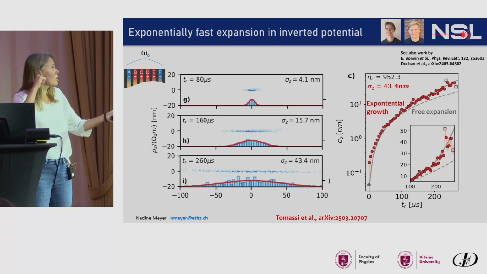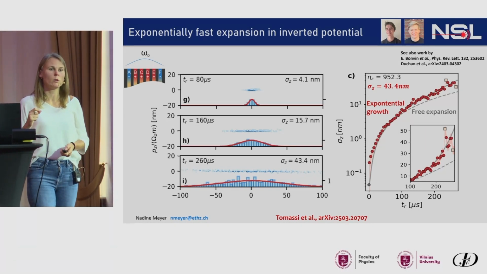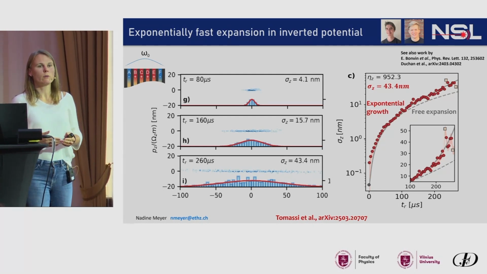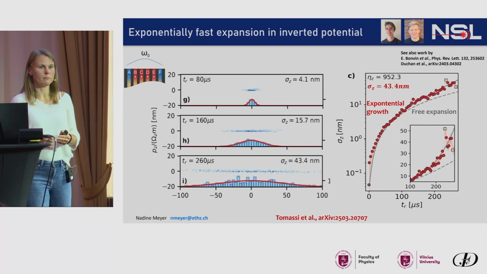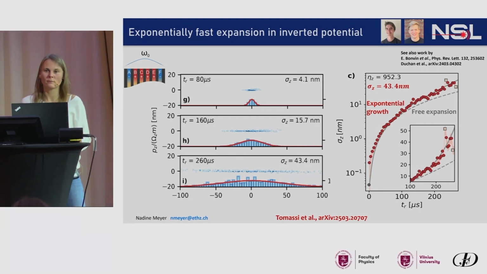And the further you go this way, you start to have nonlinear effects in the detection. At the moment, we are working on it, but we are not super confident about what we are seeing there.